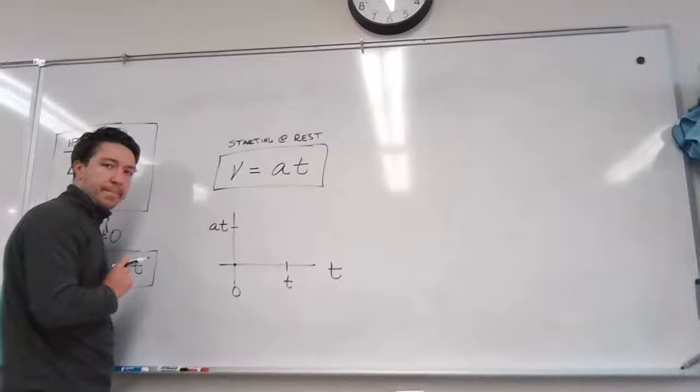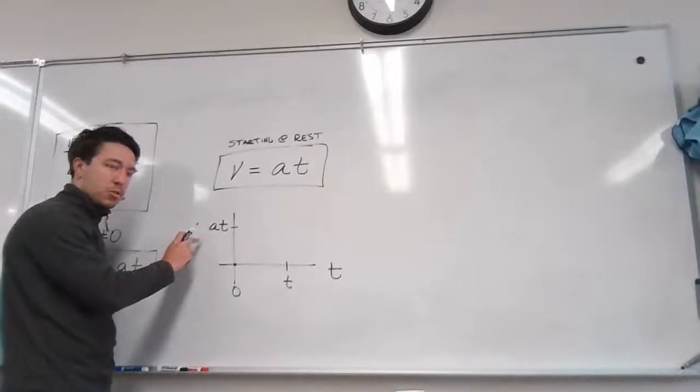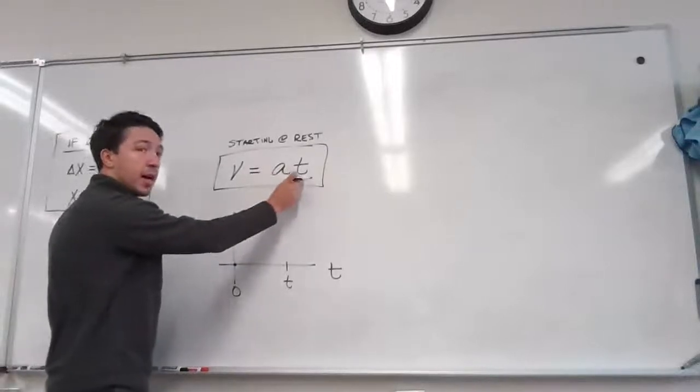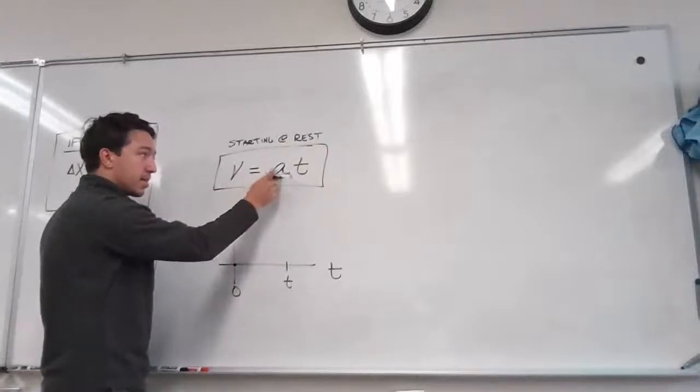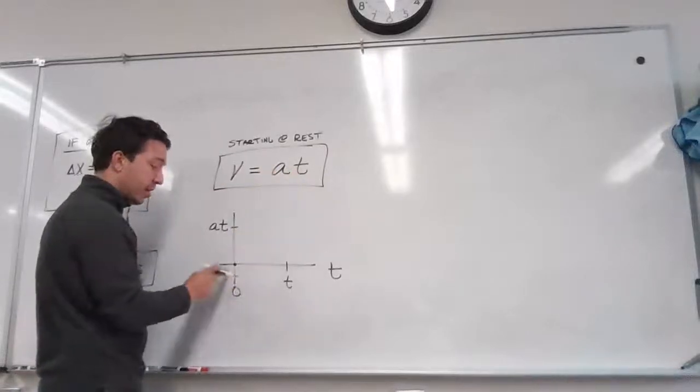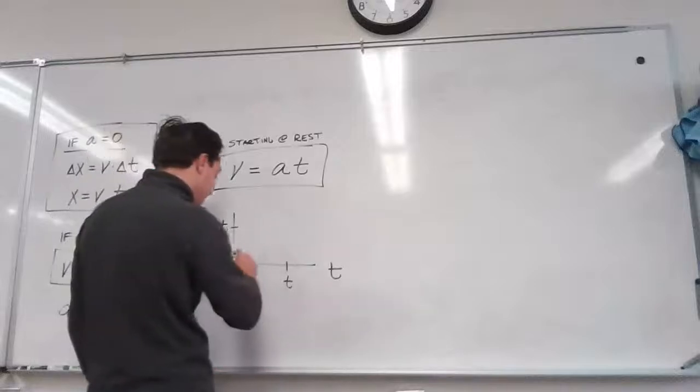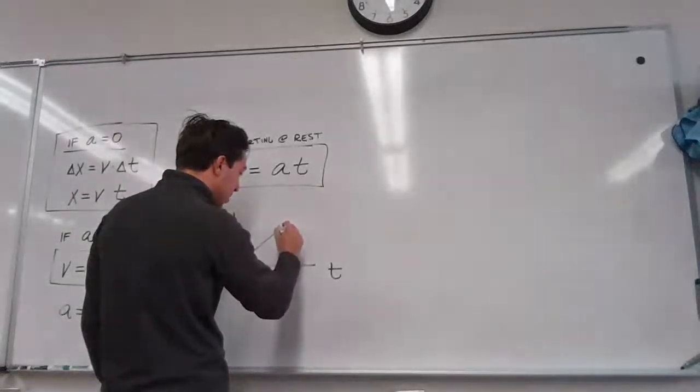How do you feel about that? If I have this acceleration for this much time, then my final velocity is acceleration times time, assuming I started at rest, right? So my curve goes like this.